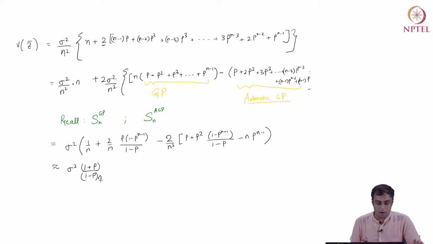Okay, so now let's go back and go to the next page and then contrast between the IID case and the case where we have spatial dependence characterized by the rho parameter.